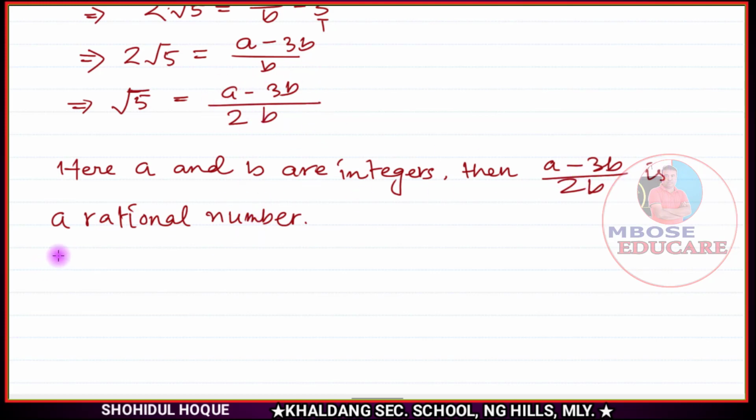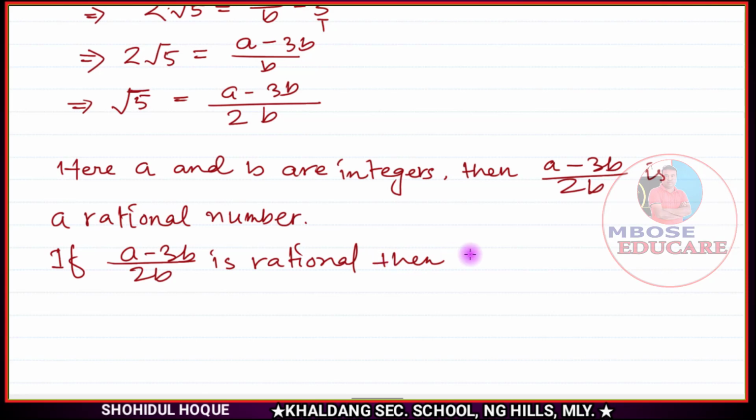Now we can write, if this number, that means A minus 3B divided by 2B, is rational, then under root 5 is also rational, because under root 5 is equal to this number, and when this number is rational, this number is also rational.